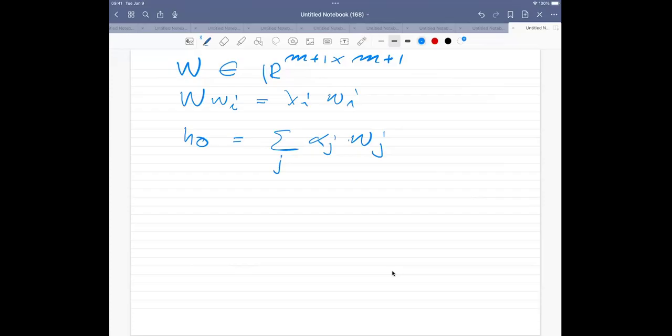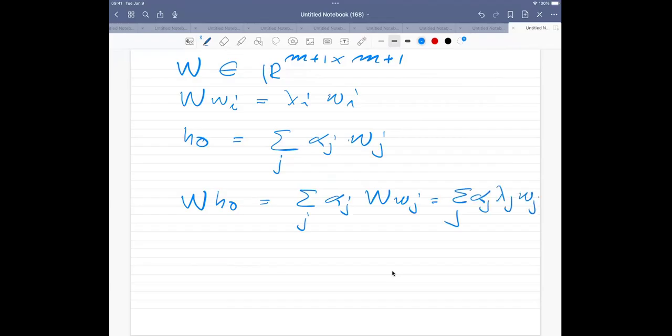Okay, so if I now apply W on H0 the first time, this is nothing but the sum over j of alpha j multiplied with W times Wj, and that simply becomes the sum over j of alpha j lambda j, the eigenvalue, times Wj. Then I can repeat this many times.